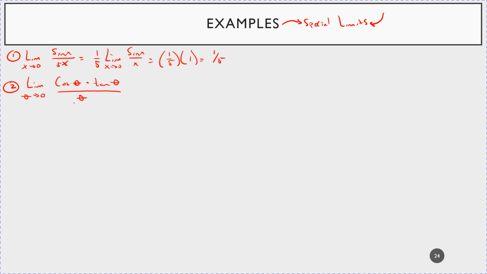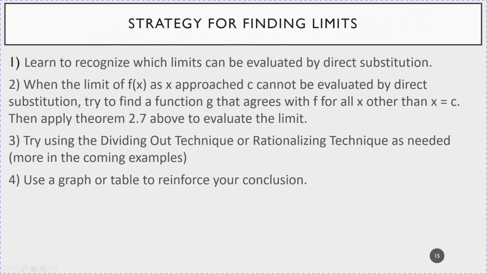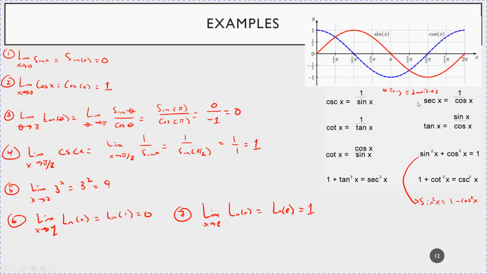So what can I do here? Okay, what is tangent equal to? If you have to, you can go back to this right here. Tangent is sine over cosine, right?